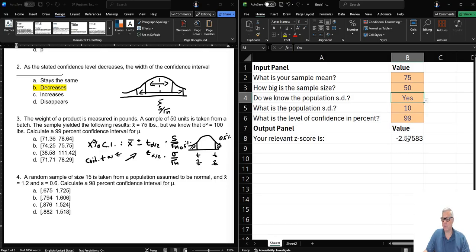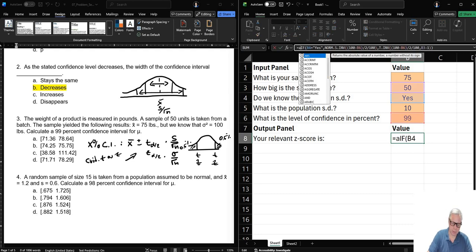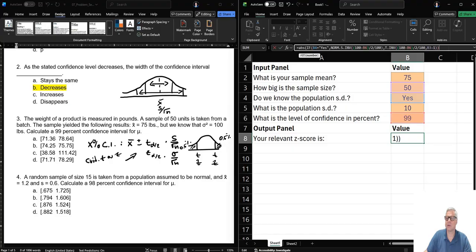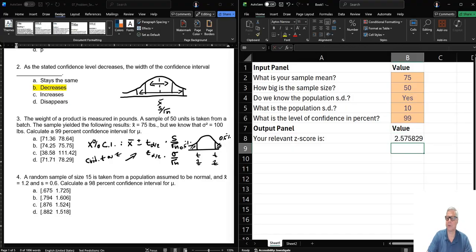So maybe we want to make that absolute and limit it to maybe 3 decimal points. That's good enough. So we go back to the formula and we put around an absolute. So the formula is ABS, absolute. Okay, so now there's no negative sign.